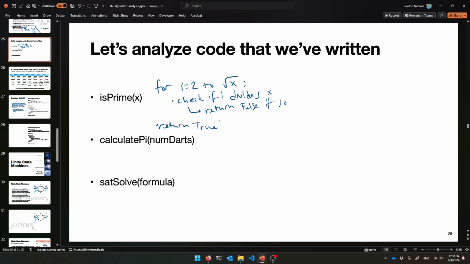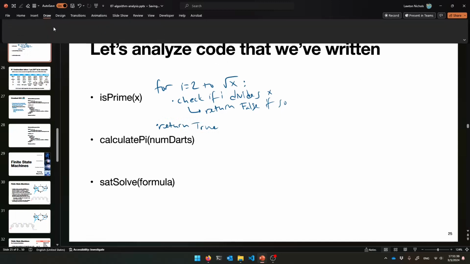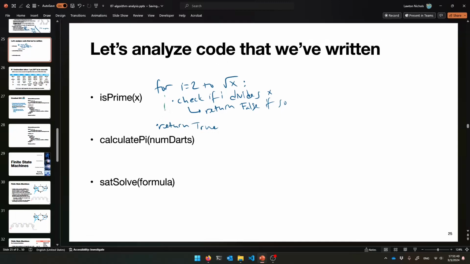Okay? So essentially, the bulk of the work is going to be done in the body of this loop. And what are we doing inside of the loop? We're doing a comparison, a modulus check. So it's constant work inside that loop, and how many times are we repeating it? Square root of x minus 1 times, kind of. Okay, does that make sense? So it's like a conditional and a return false.